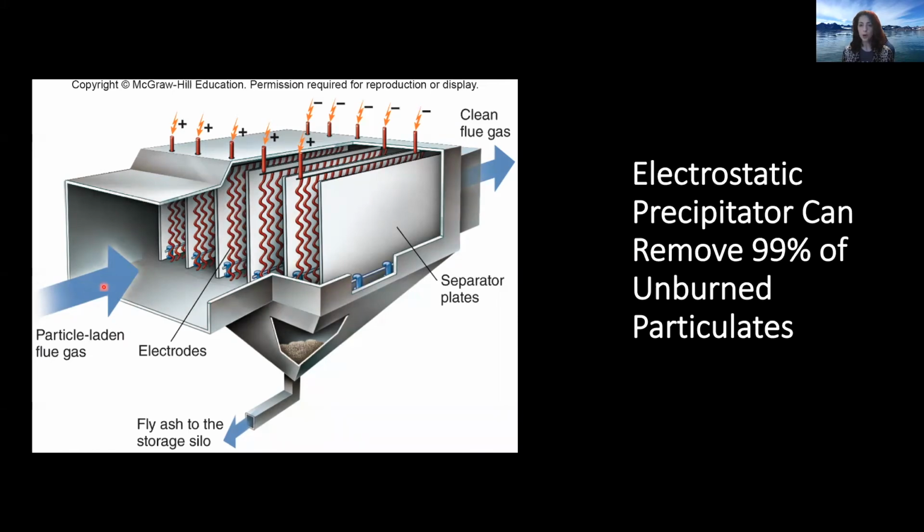So smoke particles will pass through, they'll become charged, and then they're going to adhere to these collector plates. Those plates are then shaken and the particles are shaken off, and we call that fly ash. That fly ash can be stored in a silo or can be reused later.